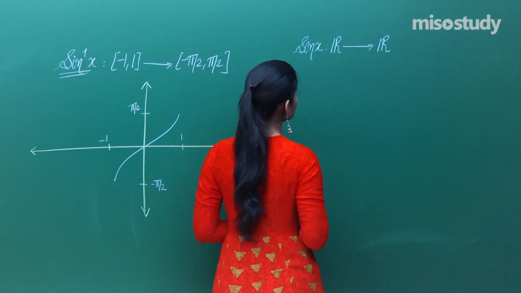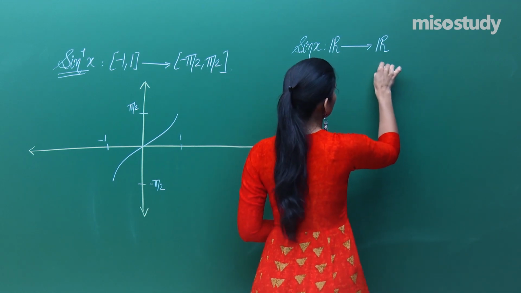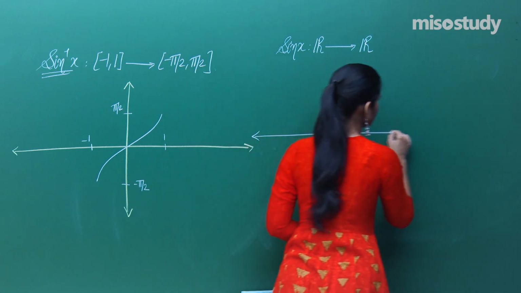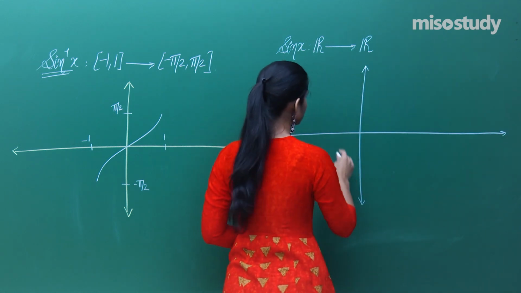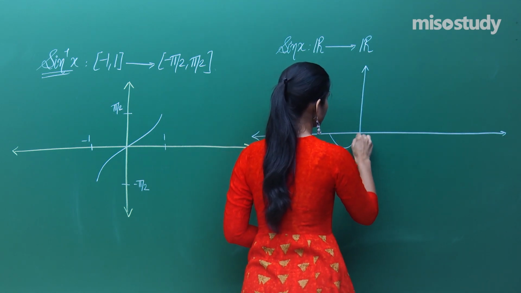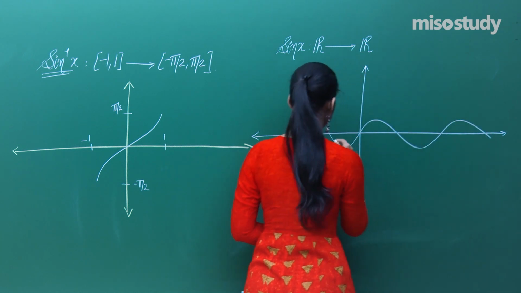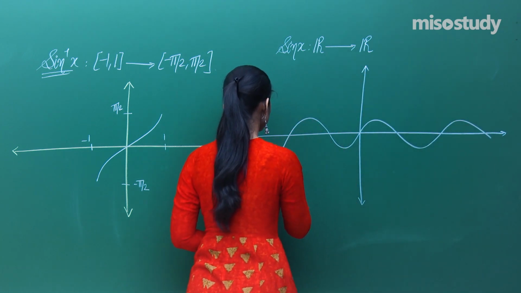Now, let me go back to the graph of sine from the collection of all reals to the collection of all reals. If I draw the graph once again, how was it? It was just like this. It went on oscillating.